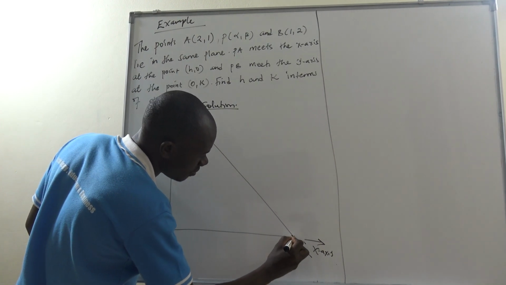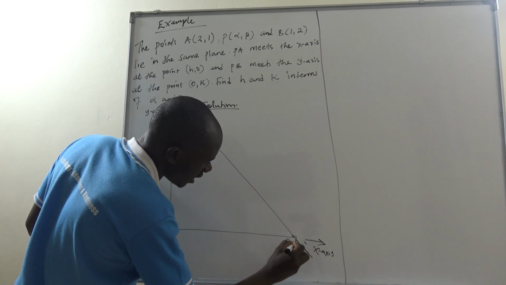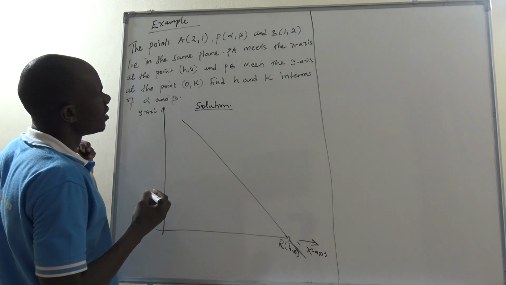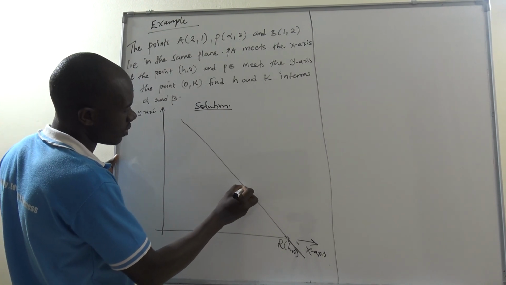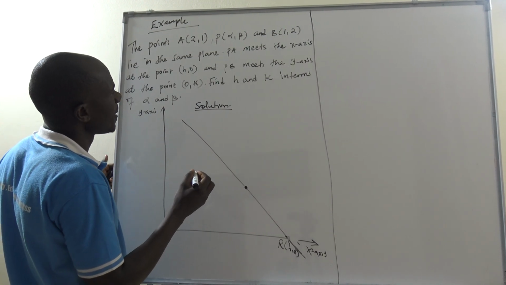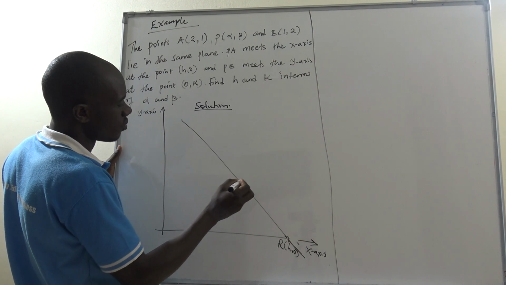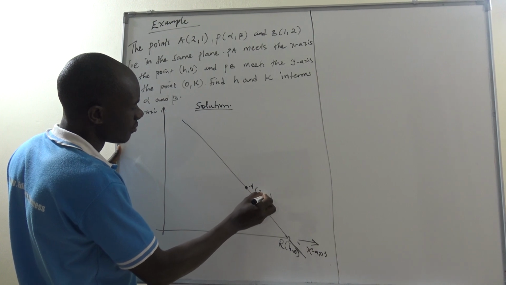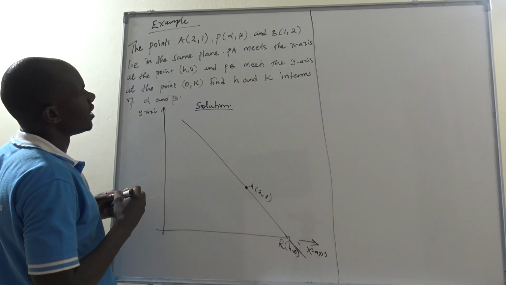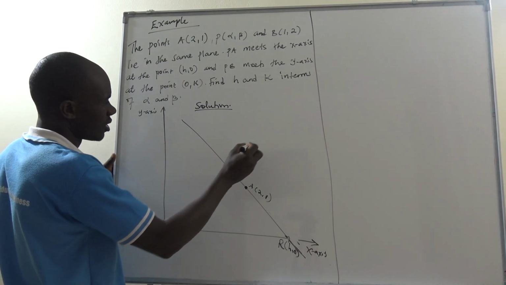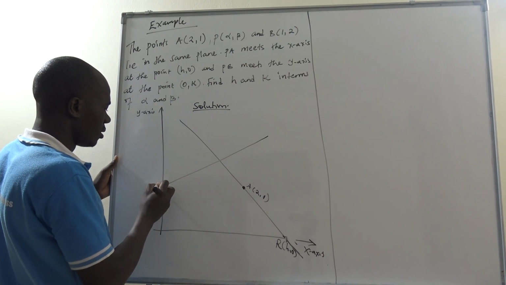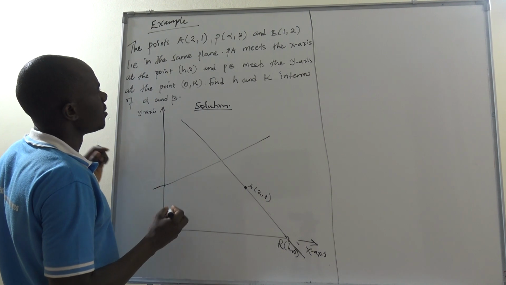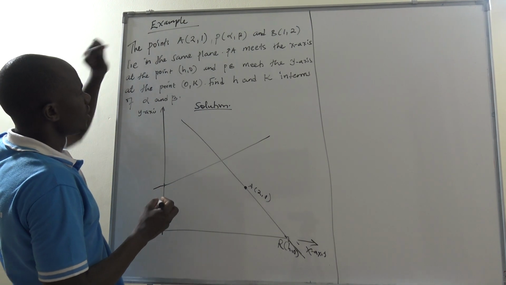Let us call this point R, which is (h,0). Point A is already (2,1). Again, PB meets the y-axis at the point (0,k).